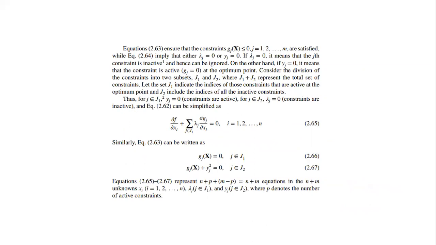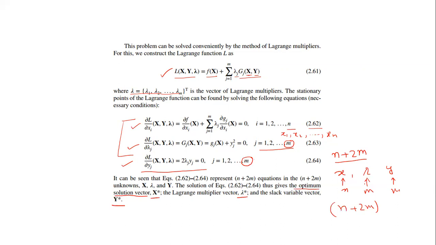The equations that we used in the previous slide are very important. This equation is nothing but our constraint, so g_j is being ensured in this equation. In the third equation there are two conditions: either lambda_j has to be equal to 0, or y_j has to be equal to 0.